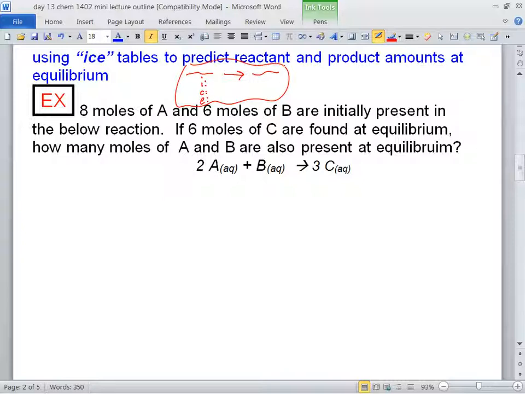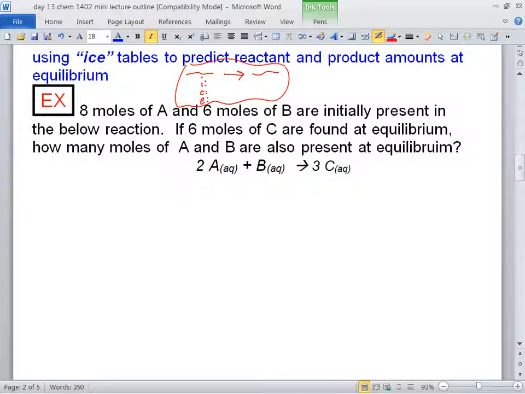And underneath, we're going to make a little table, I, C, E. What do you think I, C, and E stand for? Does the C stand for concentration? We're going to be plugging in concentrations. C stands for change. Anybody? I is for initial, and E is for equilibrium. So initial, change, equilibrium. We have to write those 3 rows, and it just organizes things so much better.